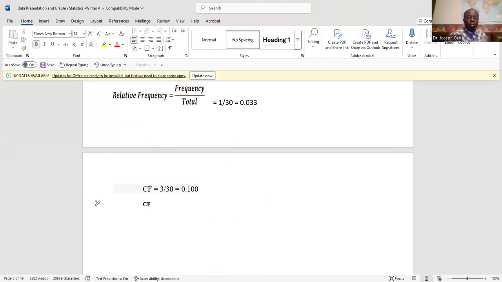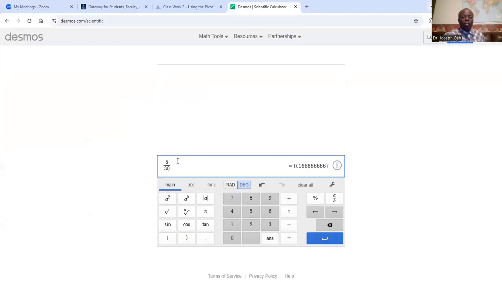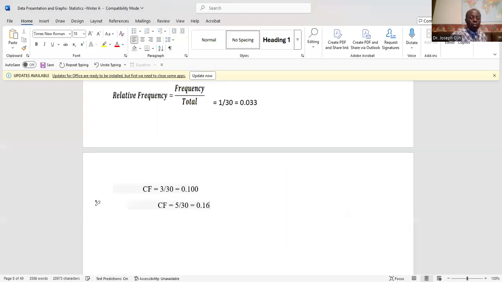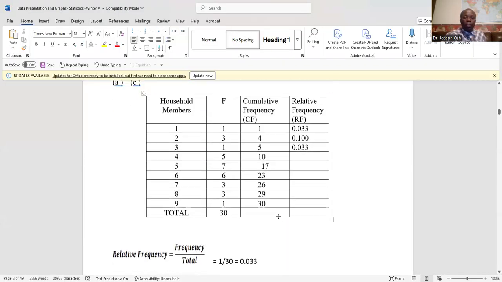Change this to 5, so 5 divided by 30 gives 0.167. So you go and put it right there, 0.167.